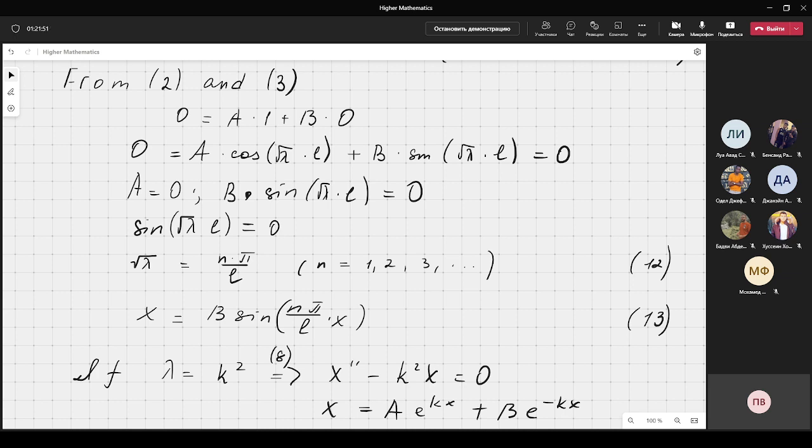A non-zero solution in this form cannot satisfy the boundary conditions 2 and 3. Knowing square root of lambda, we can, utilizing 11, write T(t).